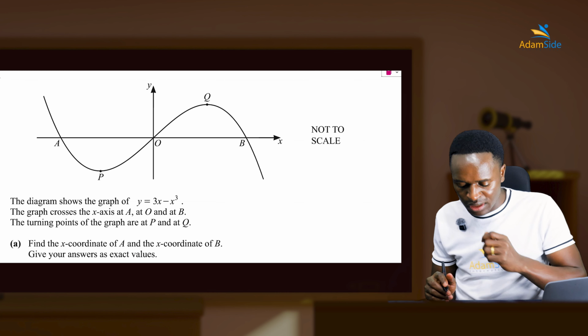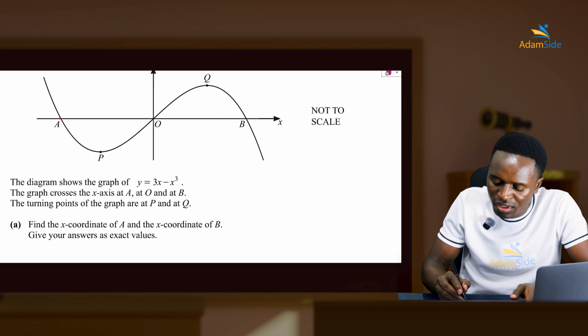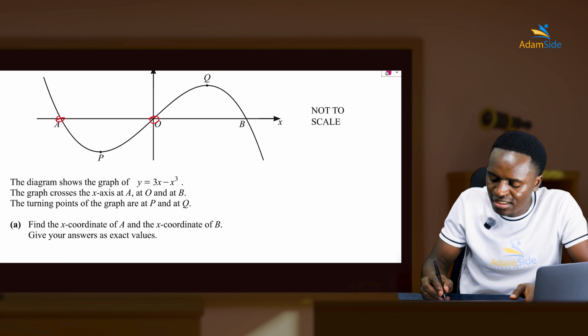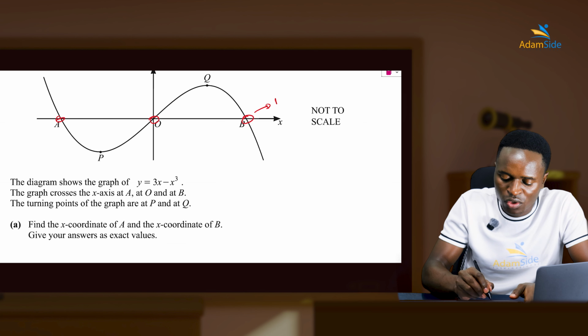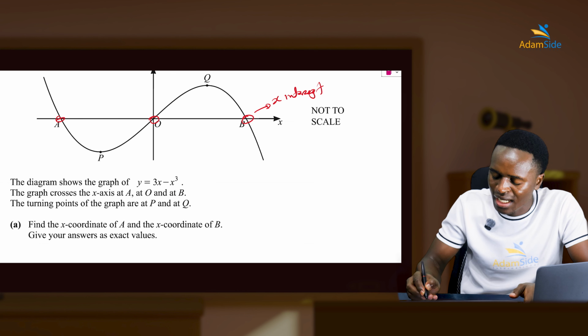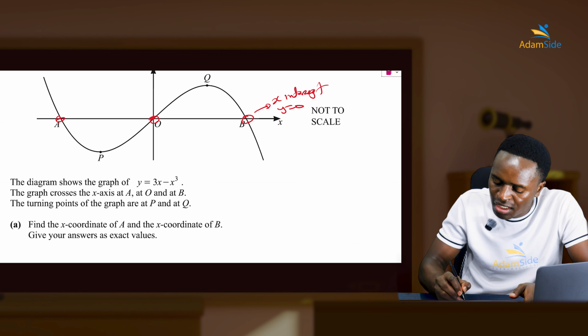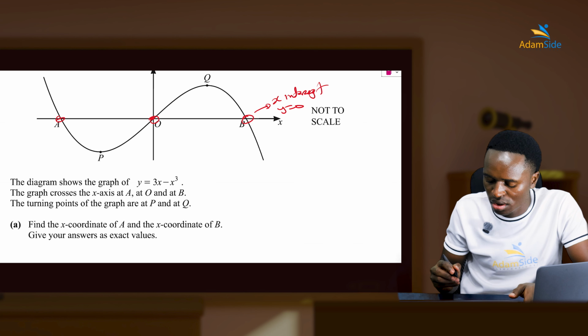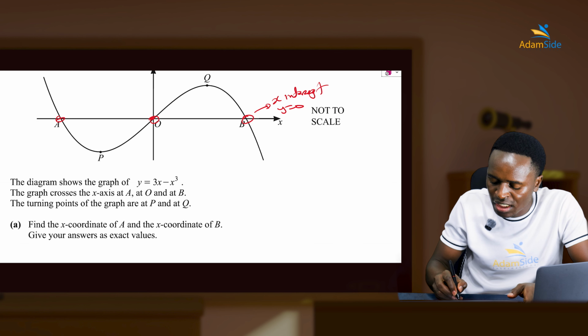So what are we going to do in that case? Remember all these points here, the intersections, in simple terms we call them the x-intercepts. At the x-intercept, the value of y is equal to 0. So what you need to do is take your cubic equation and equate it to 0.